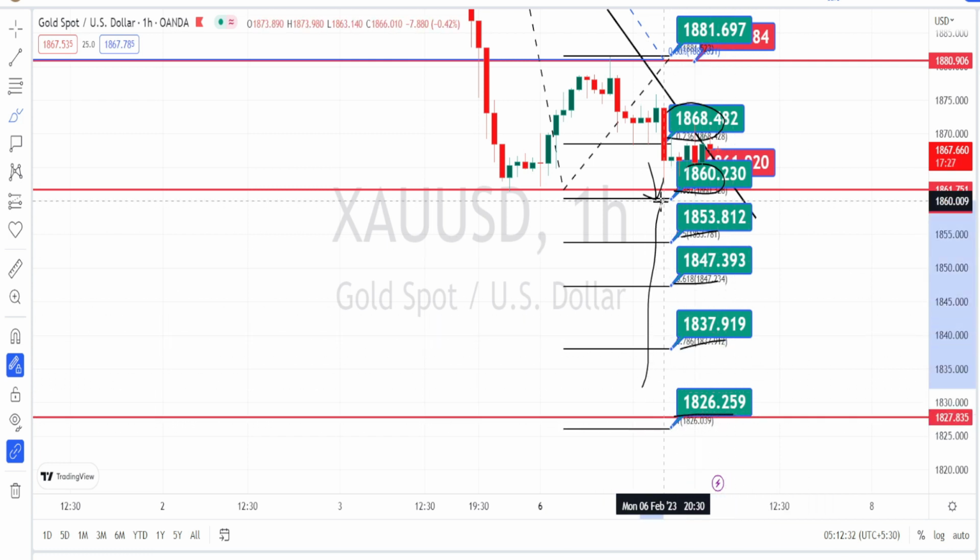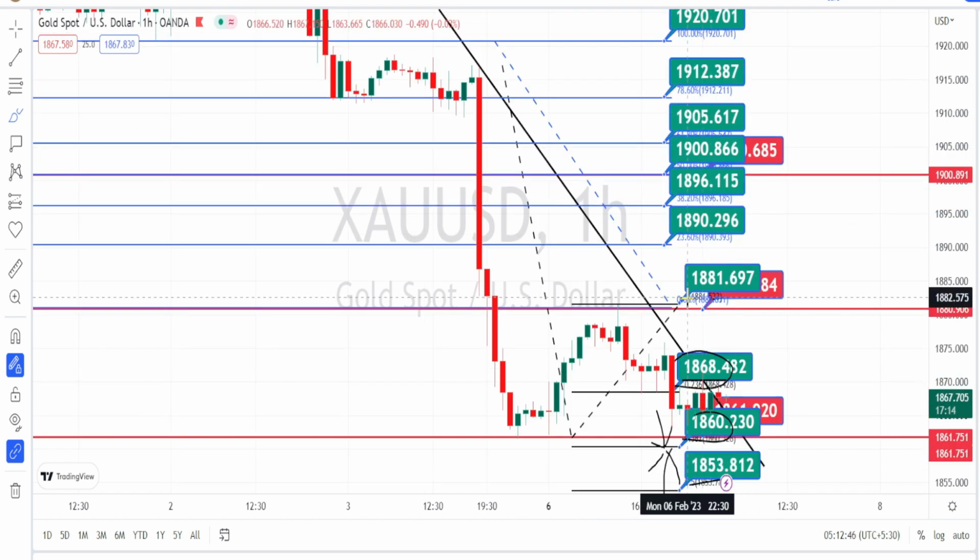And on the bullish side, if the price action breaks the resistance level of 1868, the next level of resistance is going to be around 1881, 1890, 1896, 1900, 1905, 1912 and 1920.